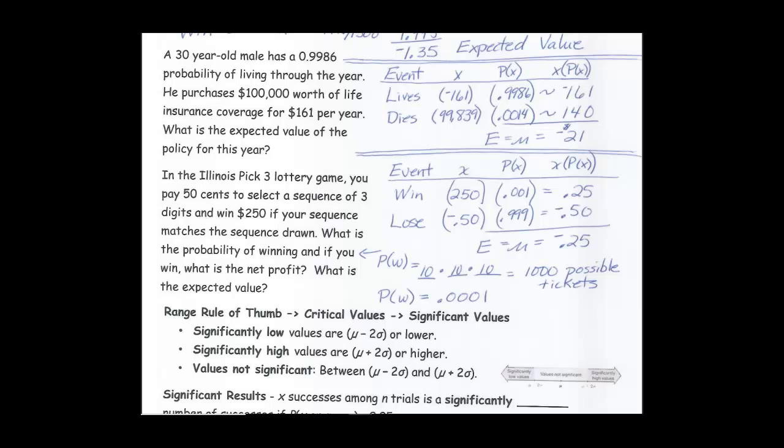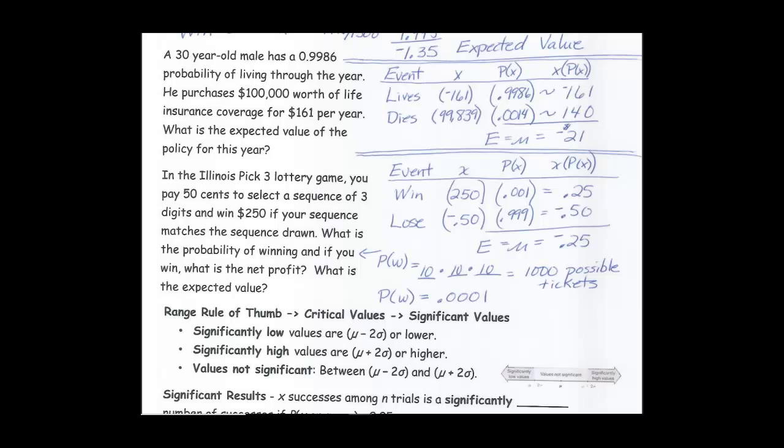Okay, so again, we're going to organize our probability distribution. And again, this one's actually going to be pretty easy because we only have 2 events. Either he lives or he dies. That event column is just to help us get organized and get started. The value of living is he's going to be out the $161 that he spent on the policy.